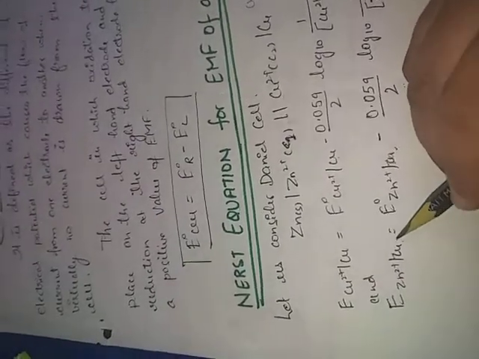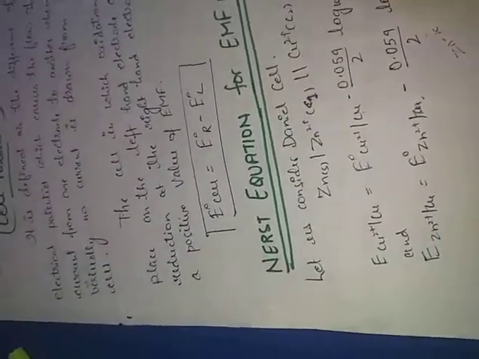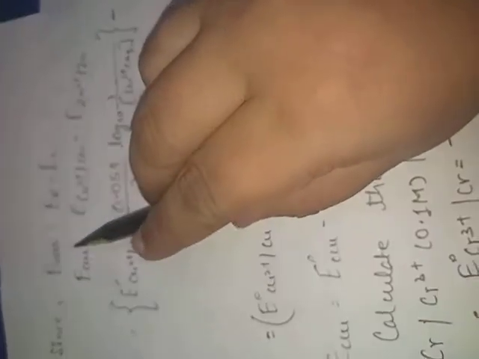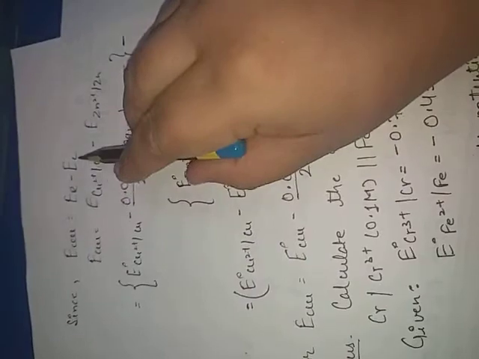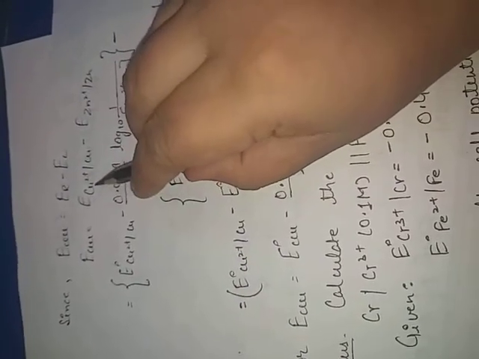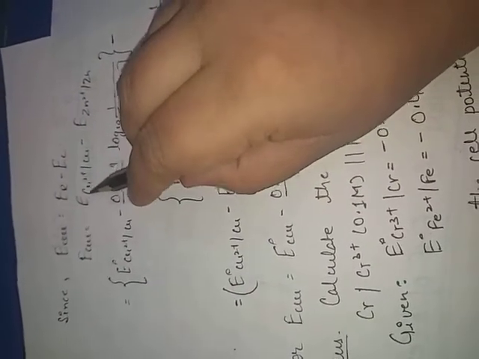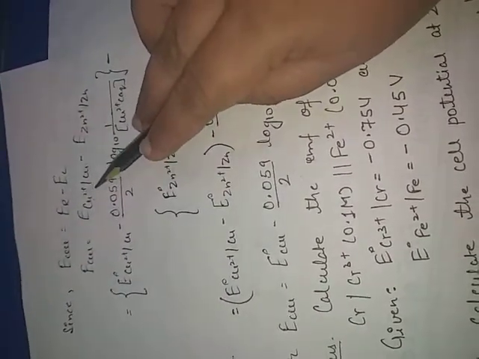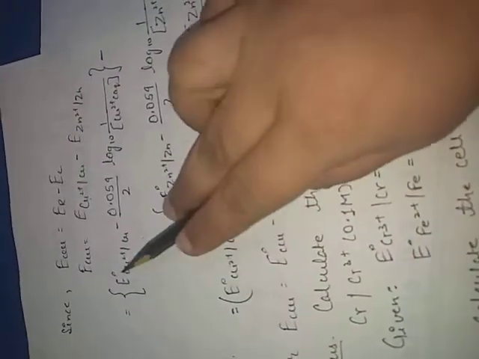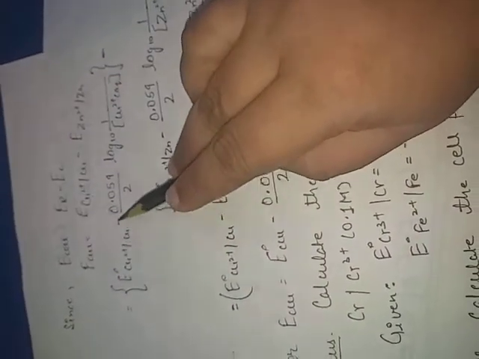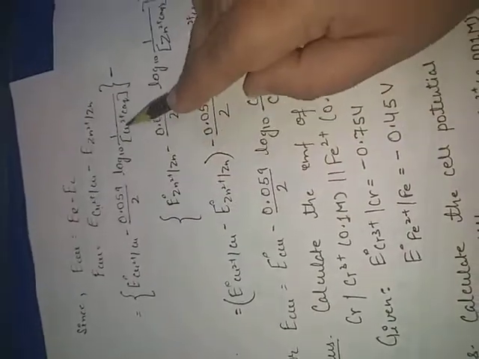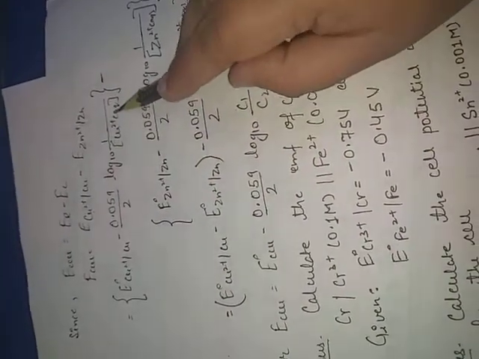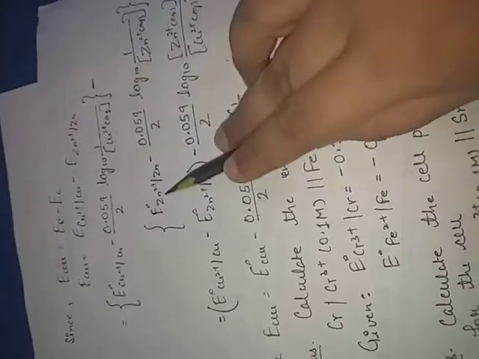So if we calculate E of the cell, it will be equal to E right minus E left, that is E cathode minus E anode. This is the cathode where reduction of copper is taking place, and this is the anode. So we'll put the formula and put the values here. E naught Cu2 plus oblique Cu minus 0.059 log base 10 Cu2 plus equals this one minus the value of zinc, this one.